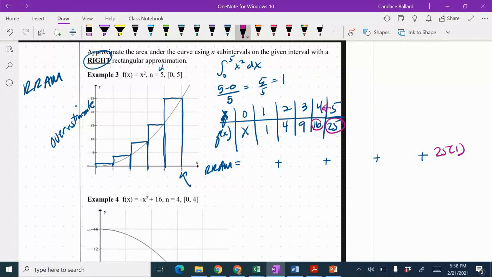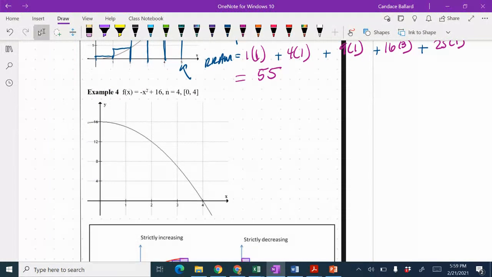And then I've got 16 is the height, and my distance in between is 1. 9 is the height, distance in between is 1. 4 is the height, distance in between is 1. 1 is the height, distance in between is 1. Sorry, not 0. Okay, and then when I multiply that all out and I add that all up, I end up with 55 as my overestimate.